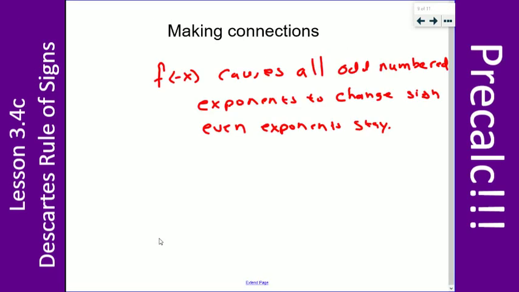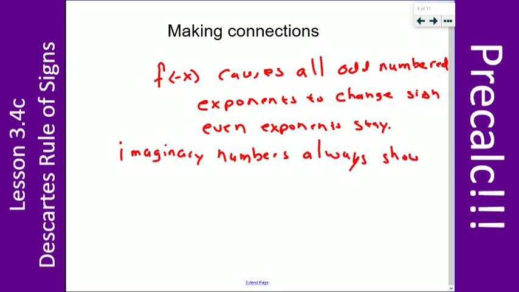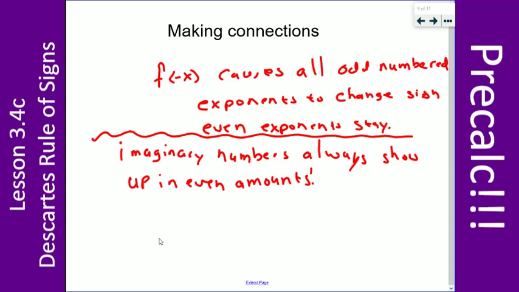Okay. So, imaginary numbers always show up in even amounts. So that's something that can help you see if you're on the right track.